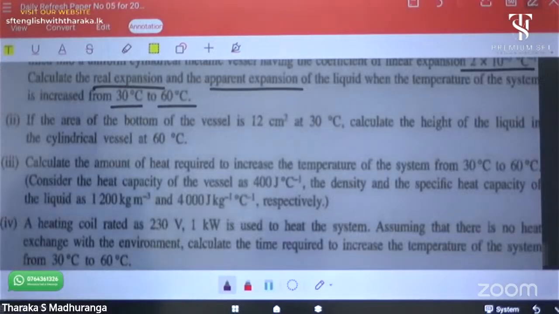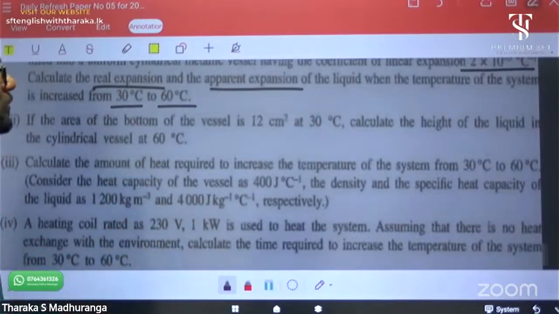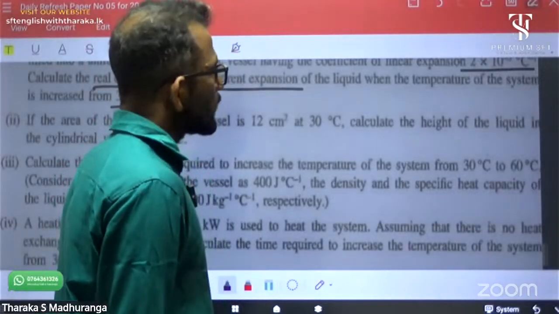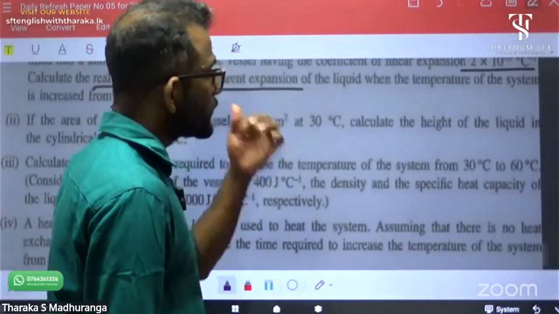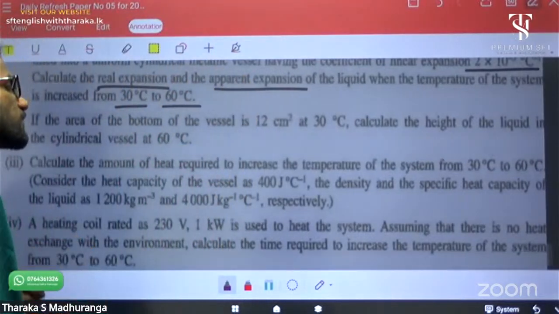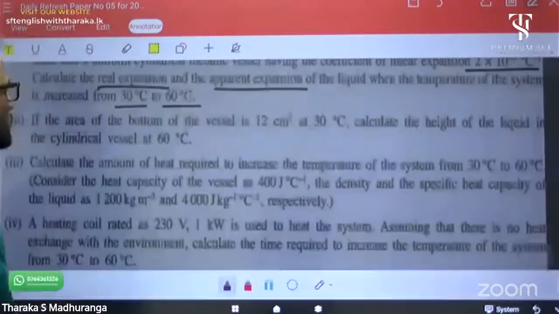Good. If the area of the bottom of the vessel is 12 square centimeter at 30 Celsius, calculate the height of the liquid in the cylindrical vessel at 60 Celsius. It's a good question.